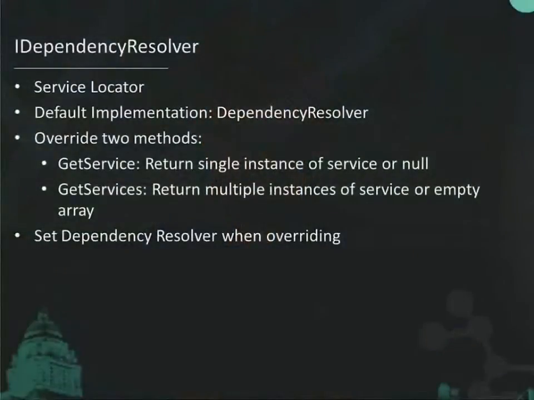For instance, filters can have multiple instances. So in MVC 2 we would create a controller factory, then set the controller factory to be ours. In MVC 3, the correct approach is to implement a dependency resolver and set the dependency resolver to be ours.